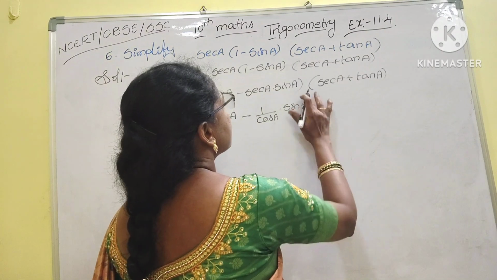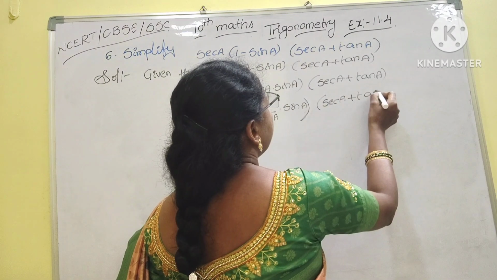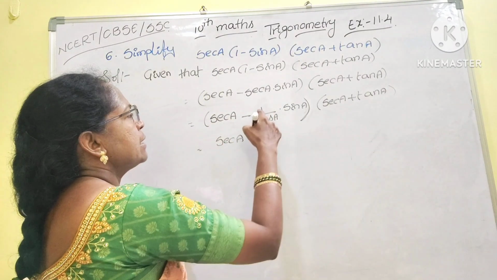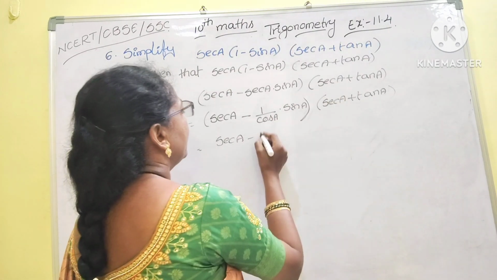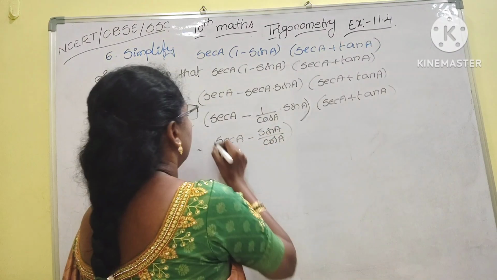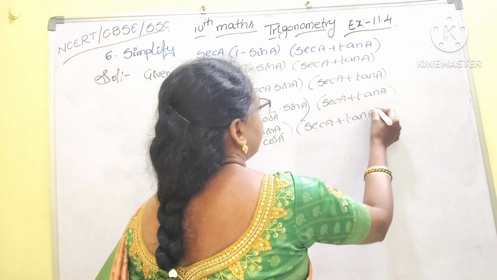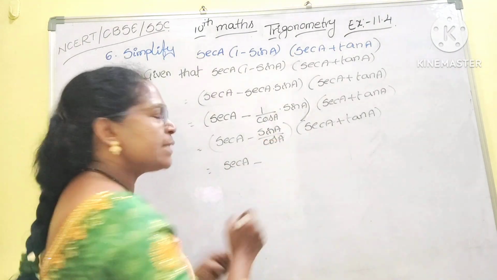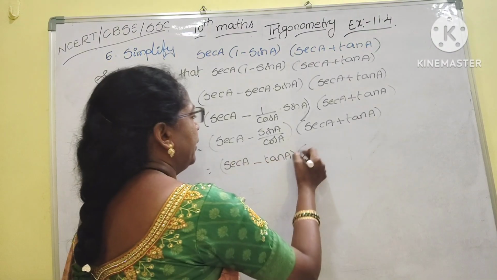Now here secant A minus 1 by cos A into sin A, that is sin A by cos A, where sin A by cos A equals tan A. First you write here sin A by cos A into secant A plus tan A. So secant A minus sin A by cos A equals tan A into secant A plus tan A.